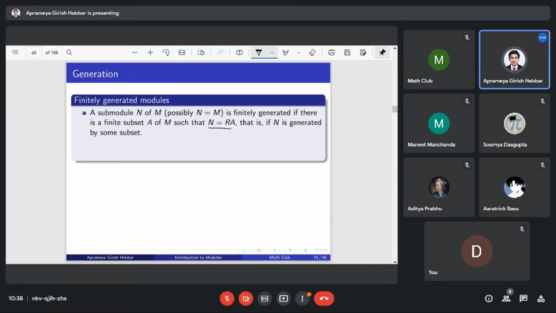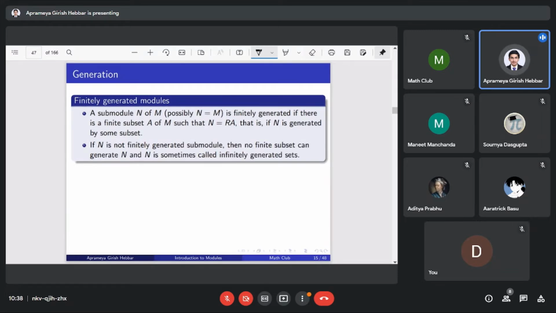So basically, if N is finitely generated, you can write N to be Ra1 plus Ra2 plus up to Ran for some fixed ai in M. If N is not finitely generated, then no finite subset can generate N, and N is sometimes called infinitely generated.